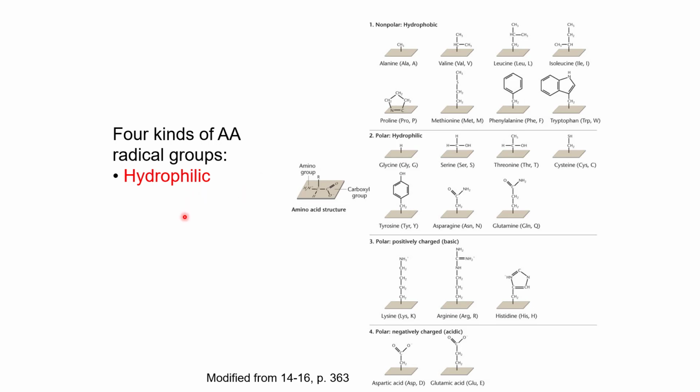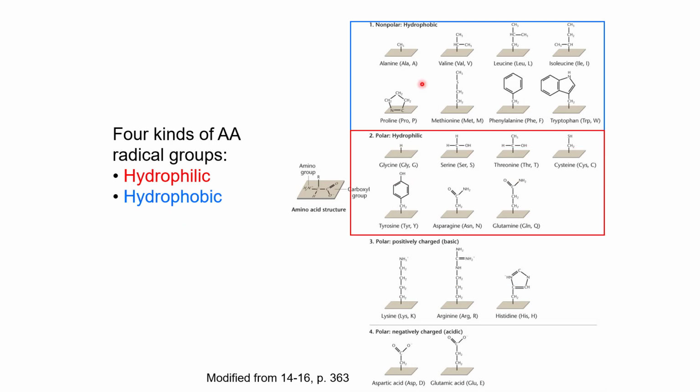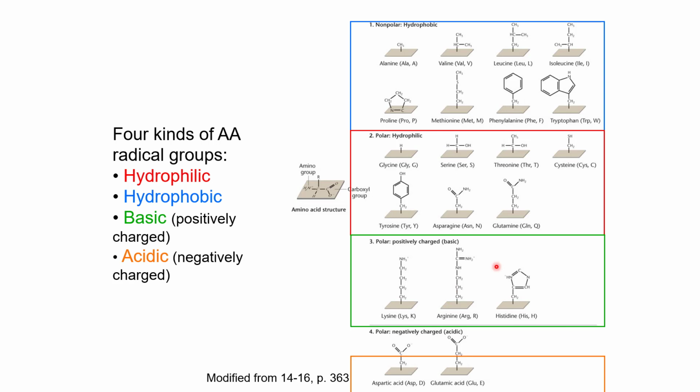The first group are what we call our hydrophilic. These are the ones that like water. So hydrophilics right here. Hydrophobics are our other group. Then we have our positively charged or basic or polar radical groups. And then we have our negatively charged or acidic polar groups.